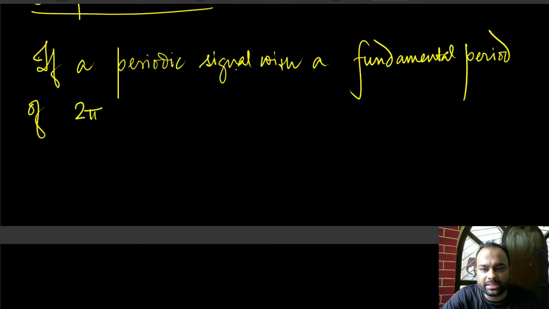So if a periodic signal with a fundamental period of 2 pi satisfies these 3 conditions, again we shall have 5 total classes on Fourier analysis, and this is the first class on that. We shall discuss plenty of other things, so don't worry. We shall solve quite a few problems.